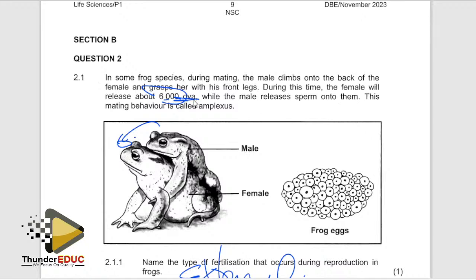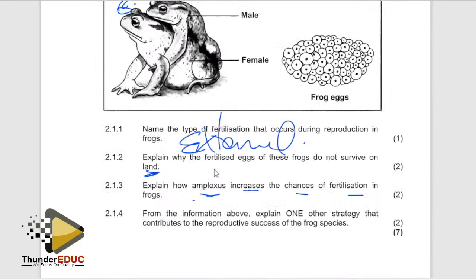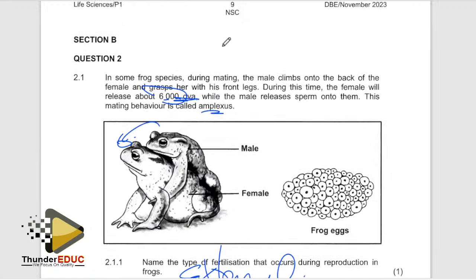While the male releases sperm onto them, this mating behavior, maybe the correct answer could be that it can release a high number of eggs.